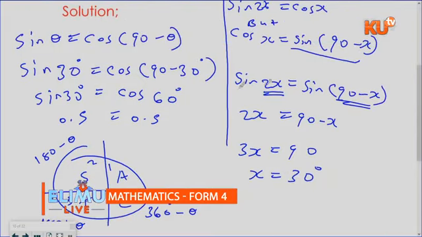Since we were dealing with the sign, you ask yourself, in which quadrant will you get signs of angles that are positive? You realize that in the first quadrant we have 30 degrees, and you also need to get another angle in the second quadrant. So you'll have 180 minus theta.